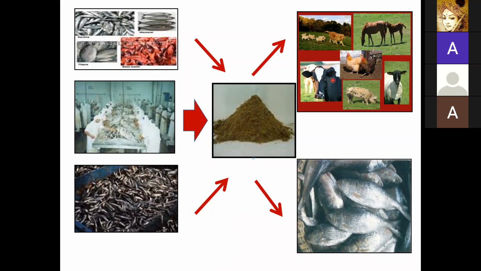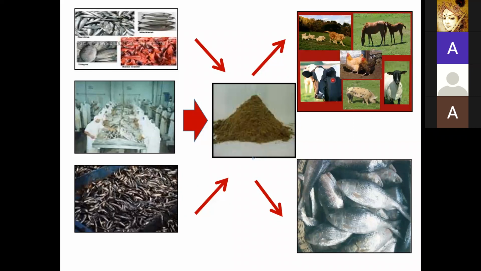We can incorporate it at some percent, because fish is a rich source of protein. So fish meal also has some amount of protein, and we can incorporate it as a protein supplement to the diet of cattle, poultry, sheep, pig, horse, or dog.